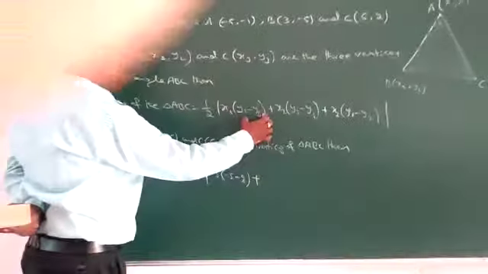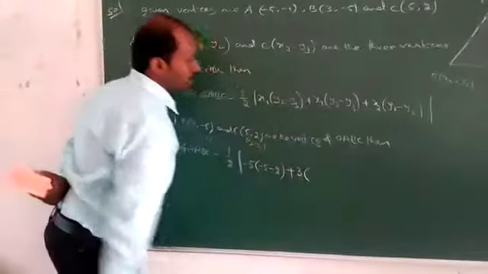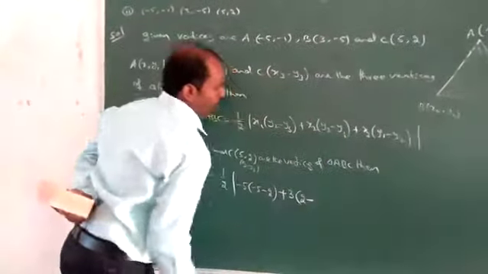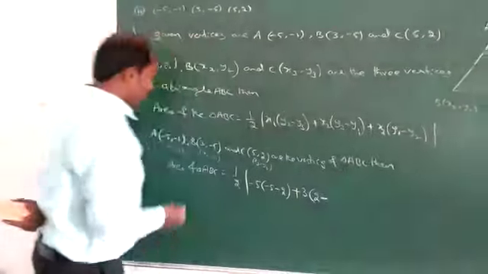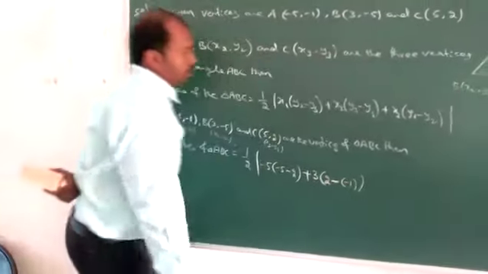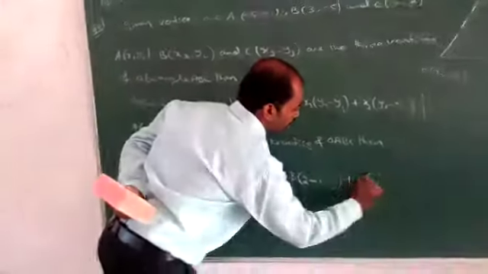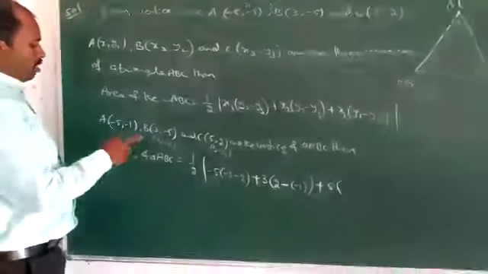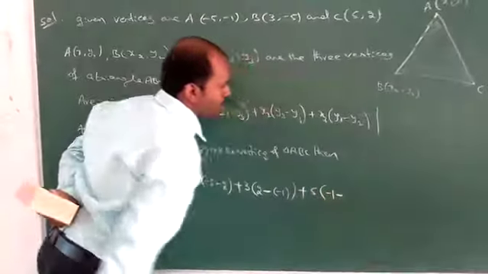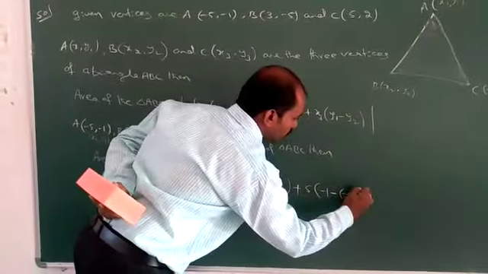First term is over. Next the second term: x2 means value 3. Next y3, value is 2, minus y1. Already y1 is minus 1, so again minus 1 you write. Plus x3, value is 5. Next y1 minus y2: y1 is minus 1, minus y2, y2 is minus 5, so minus of minus 5.